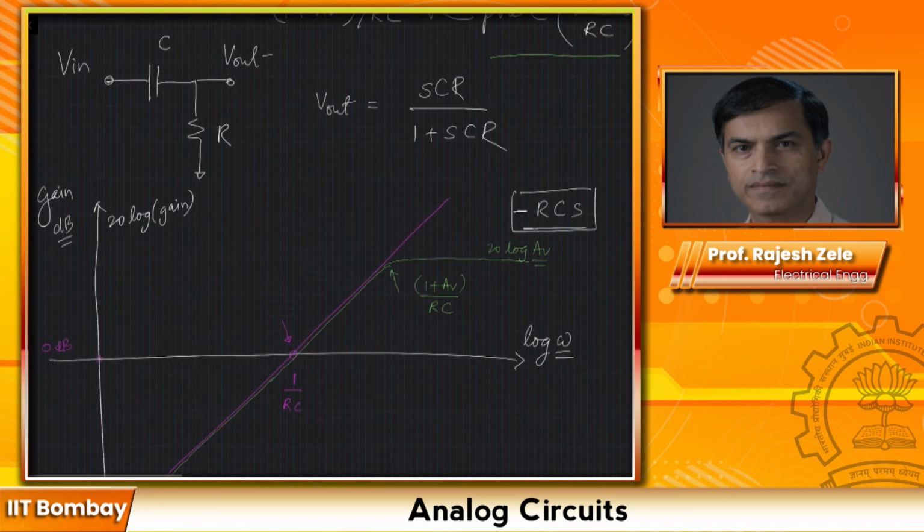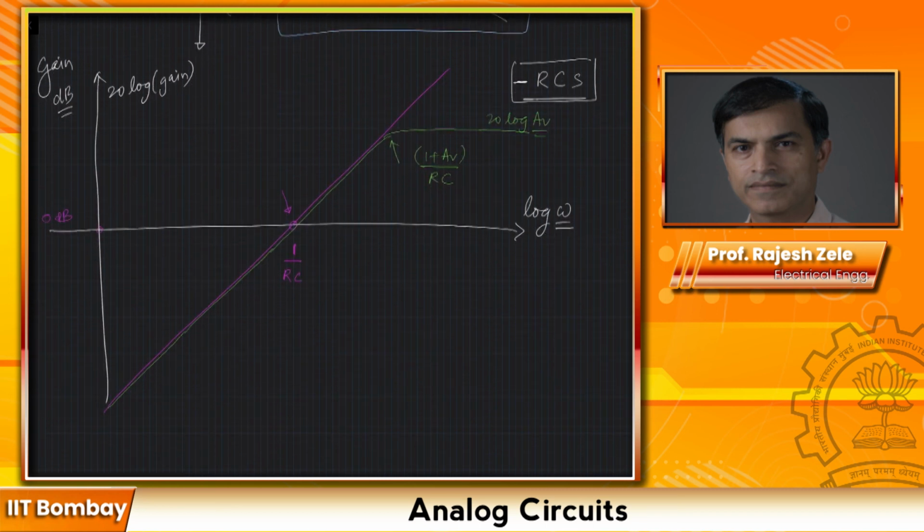And the third thing we talked about is the blue part, which is the lossy differentiator, something that looks like this. And then it will flatten out over here, something like this.